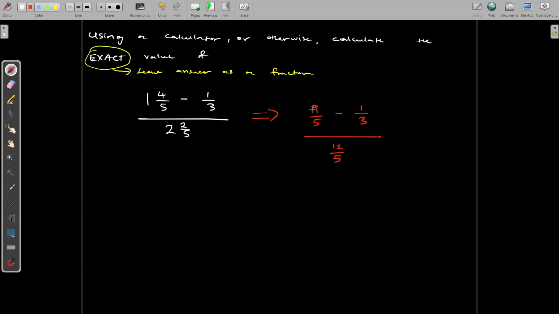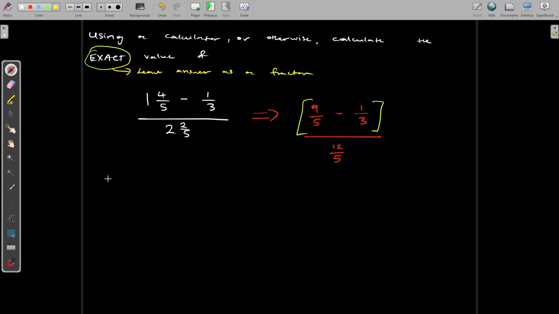Alright, so we have strictly proper and improper fractions in our question. What do we do next? Subtract the 9 over 5 minus 1 over 3. So we operate with the top part of this question first. Seeing that we can get a final answer for the numerator here, we will do that.